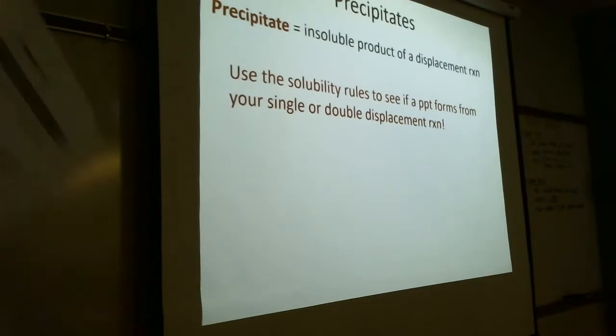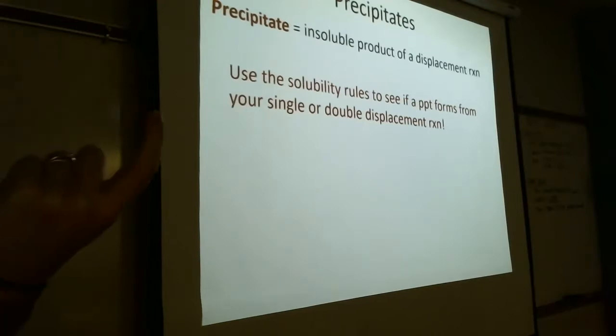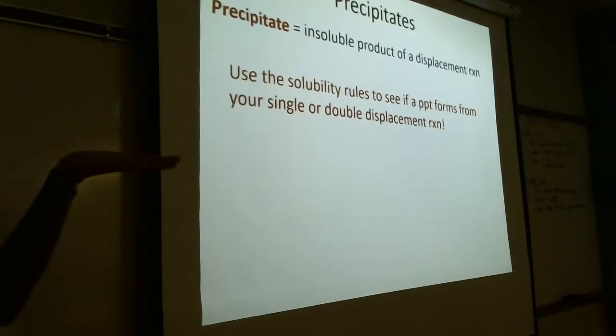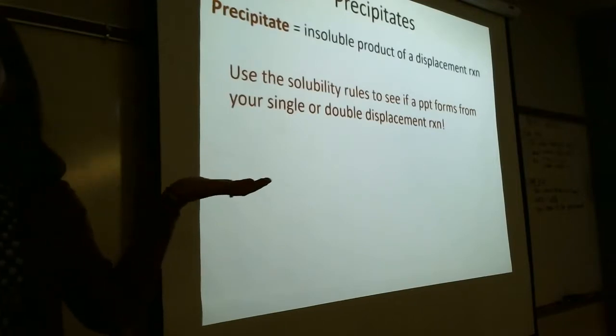Now what you're going to do is look at the products of that double displacement reaction, and then see whether the product is soluble or insoluble. Because from here on out, in this whole little unit, we're doing reactions between 2 solutions. So we've got a solute dissolved in a solvent. That's solution number 1. We've got another solute dissolved in a solvent.